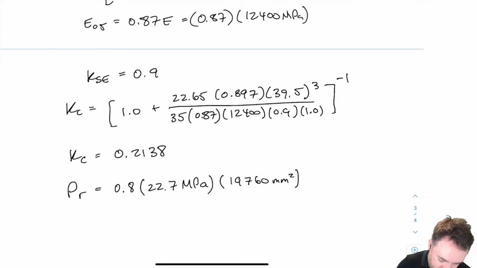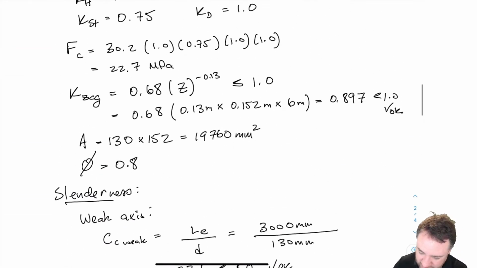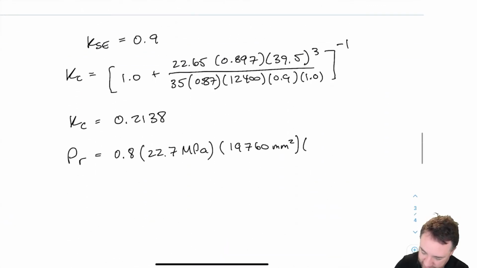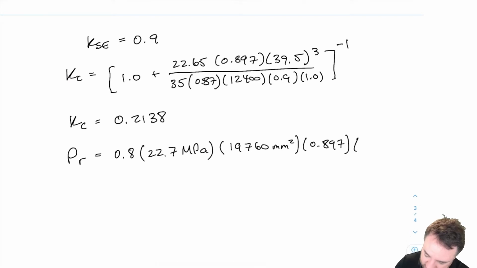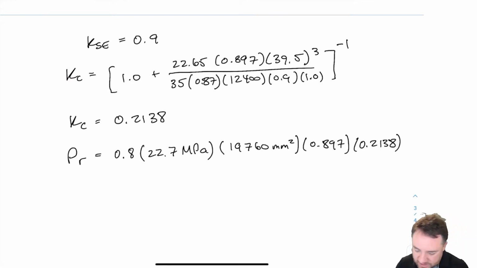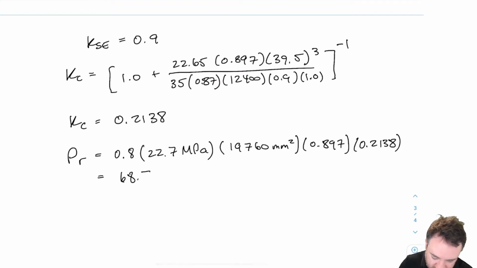And then we have our size effect factor, which is 0.897 up here. And then the last one is the slenderness factor, which we just did, 0.2138. Those last two are dimensionless. The other two are MPa, which is newtons per millimeter squared, and millimeters squared. So I'm going to get a number out in newtons, and then I'm going to divide that by 1,000. So I'm going to come up with 68.7 kilonewtons.